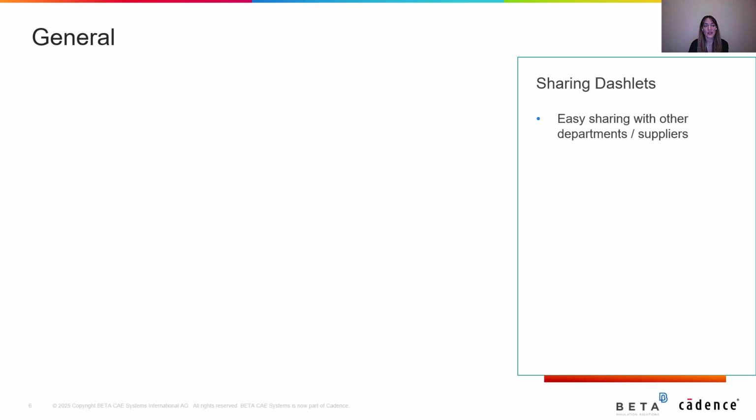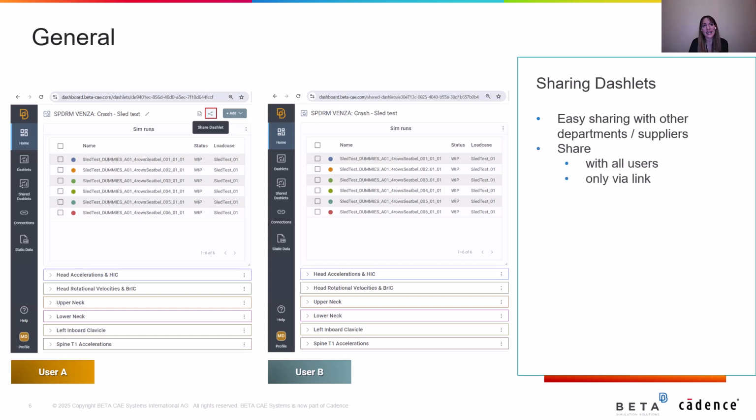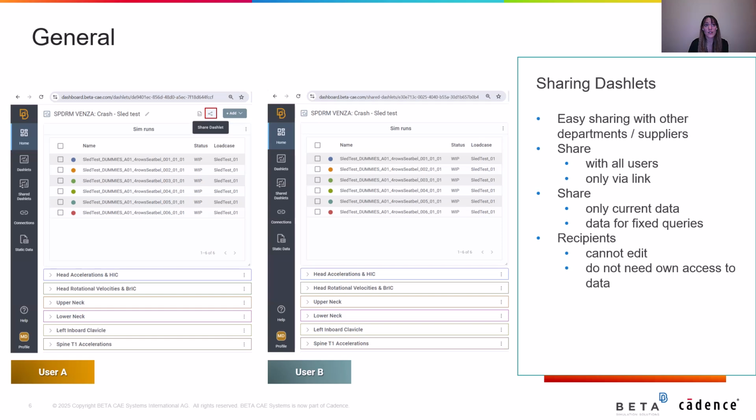A new feature with great importance is to share a Daslet easily, especially with people from other departments or suppliers. Currently, sharing can take place either with all Answers users or with only some users privately. The user is faced with two options when sharing a Daslet.